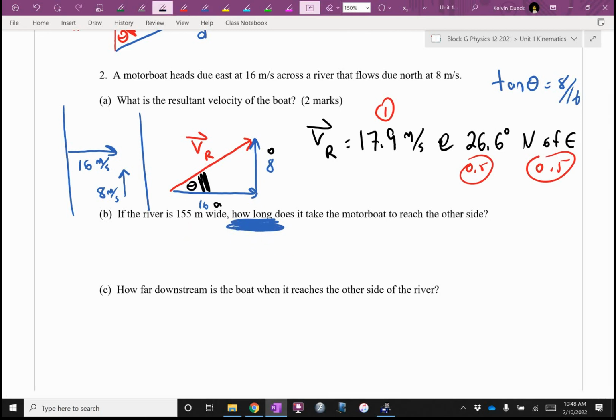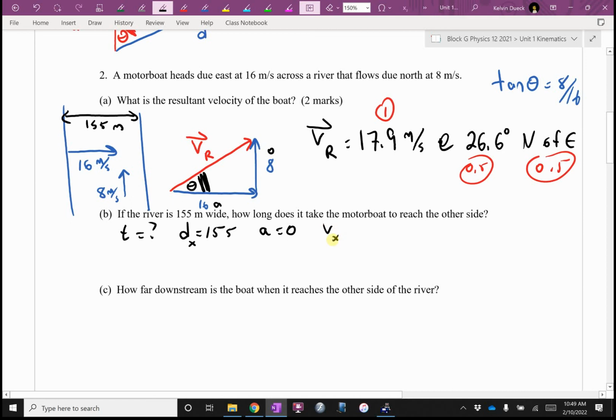Okay, so I'm going to go like this. I'm going to say t equals question mark. D equals 155. We said that a for the river and airplane questions is going to be 0. Which v? Well, the 155 would go in my picture like that, horizontally. So I'm going to use a horizontal velocity, which is the 16.